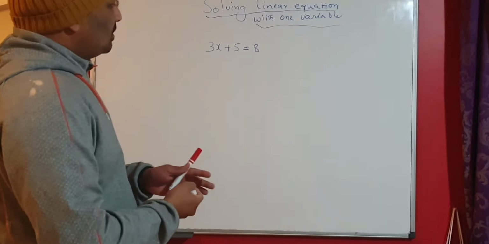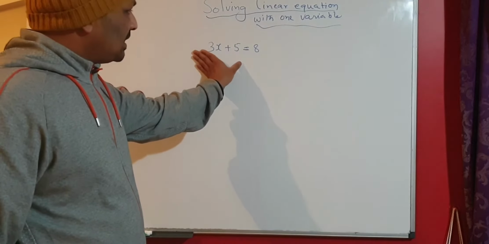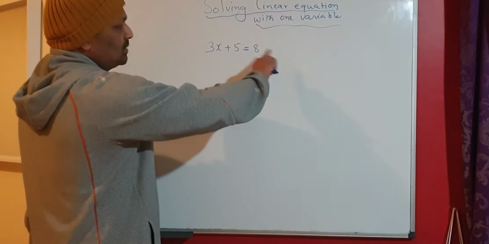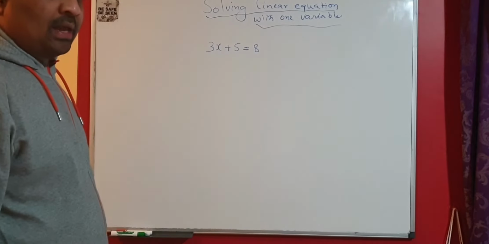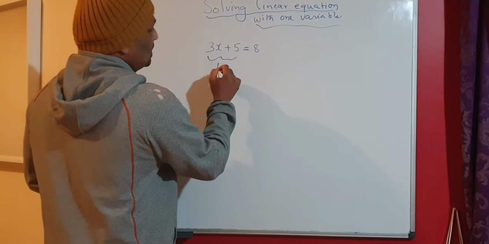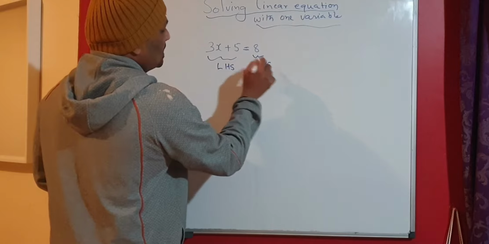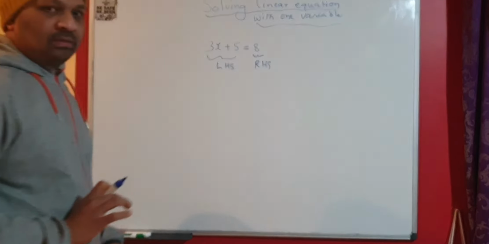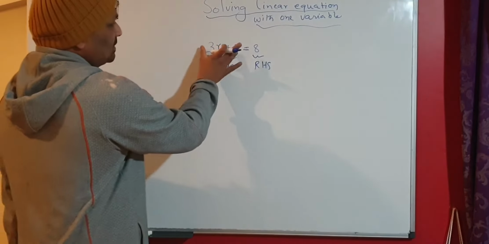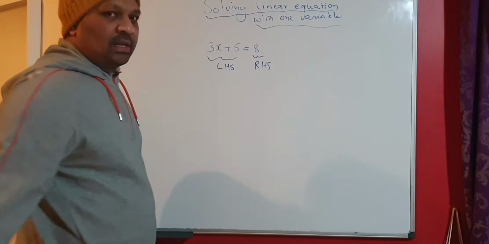The part to the left of the equal to symbol is called LHS, left hand side, and the part on the right side of the equal to symbol is the right hand side, RHS. This whole thing is an equation.